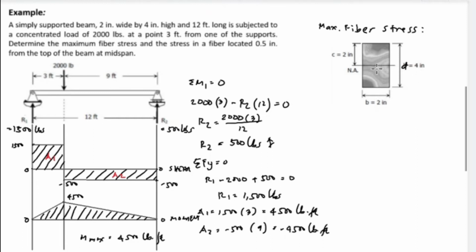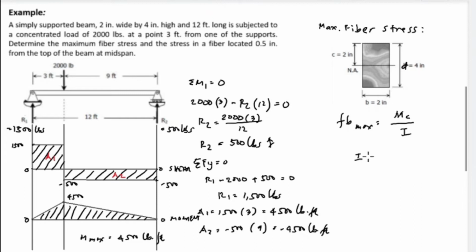Half of the depth is equivalent to 2-inch, and this will be the value for C. So C is equal to 2-inch from the neutral axis to the top of the beam. And the formula for F sub B maximum is equal to MC over I.